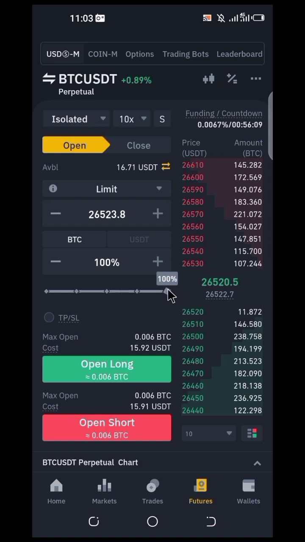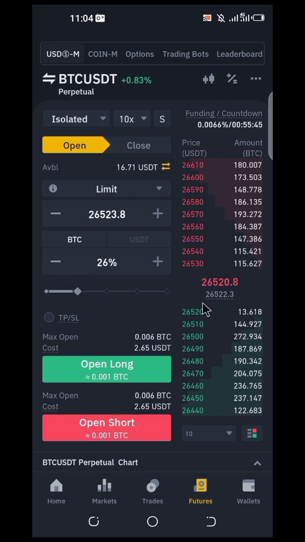But if you don't want to do that, you can select a percentage. Let's say I want to use 50%. You select 50% here, and it is going to show you the cost below. That is the use of this slider: you use it to take a percentage of your money to trade. And then here we have the order box.